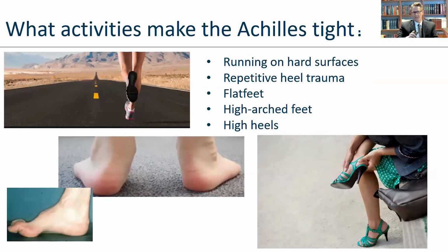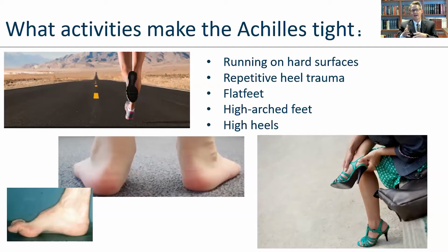Things that will injure the posterior part of the heel will also lend to injuring the bottom part of the heel. When your Achilles gets tight, it can lead to plantar pain, or pain on the bottom of your heel. Things that make that Achilles tendon tight: running on hard surfaces, repetitive heel trauma, so pounding on the pavement, up on trails.